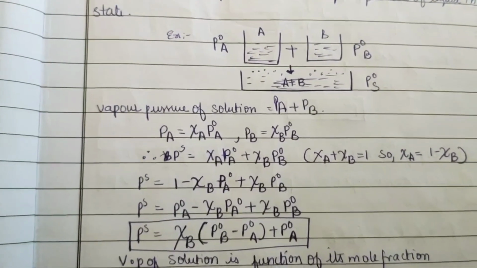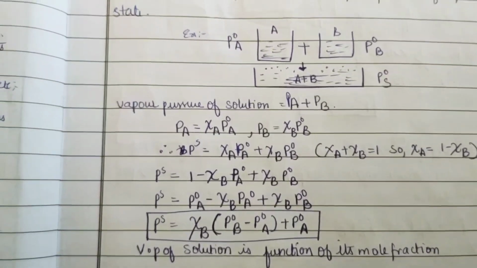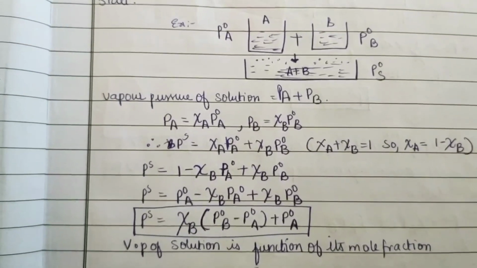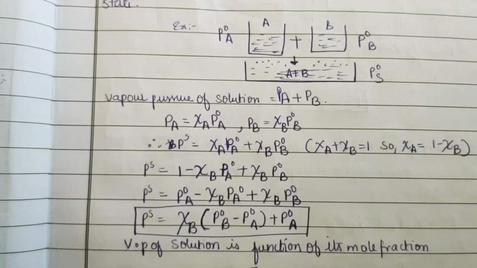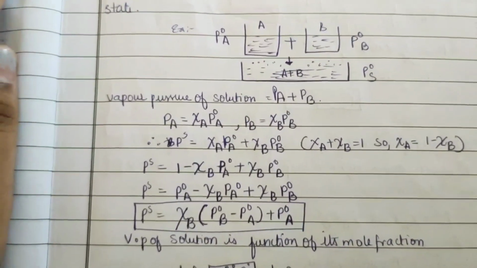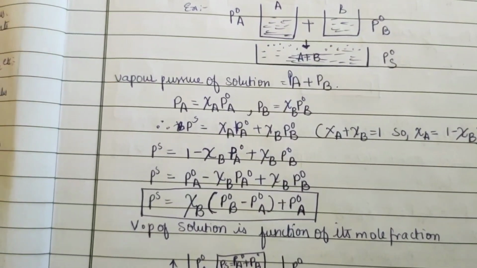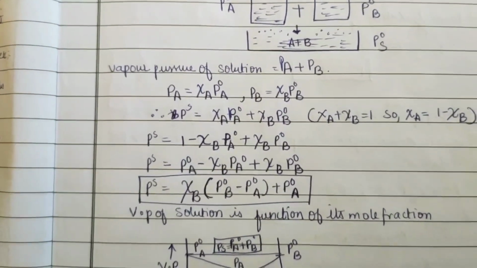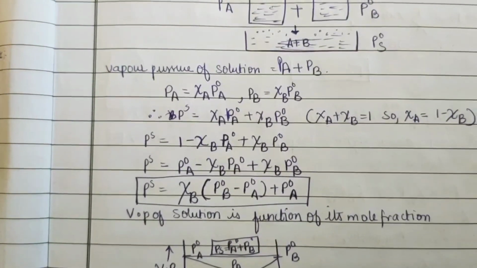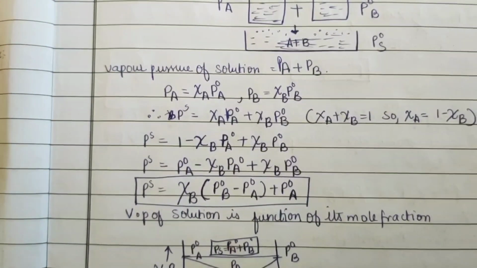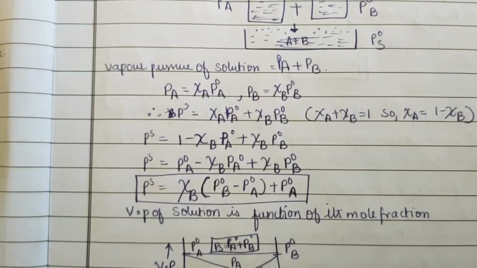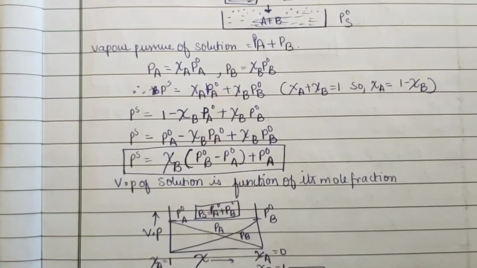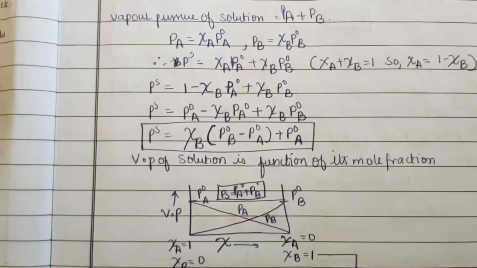So chi A equal to 1 minus chi B. Substituting for chi A, Ps equal to (1 minus chi B) Pa naught plus chi B Pb naught. Then Ps equal to Pa naught minus chi B Pa naught plus chi B Pb naught. Taking chi B common, Ps equal to chi B (Pb naught minus Pa naught) plus Pa naught. The vapor pressure of the solution is a linear function of its mole fraction.